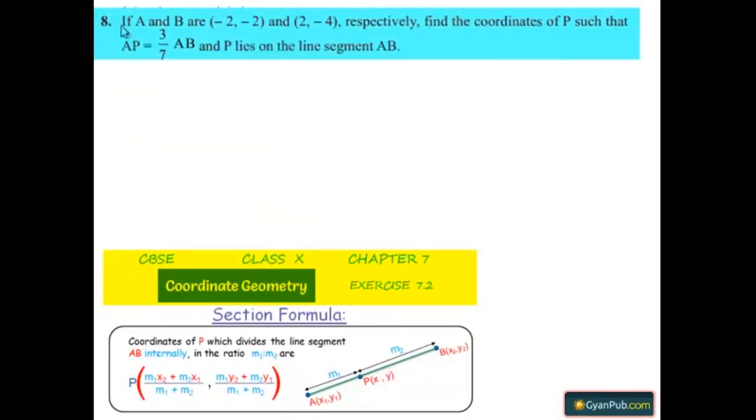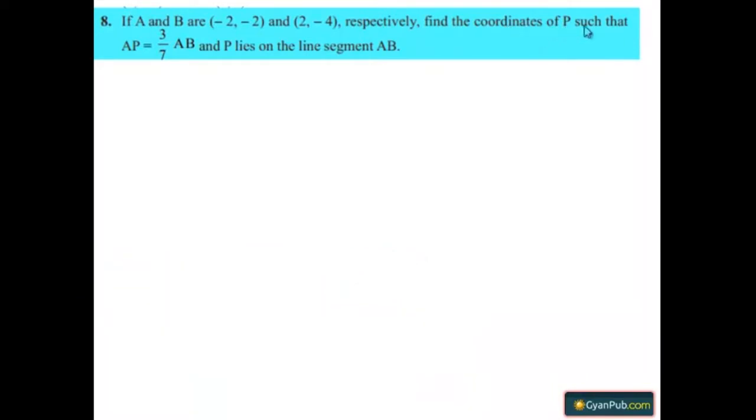Let us read the 8th question. If A and B are (minus 2, minus 2) and (2, minus 4) respectively, find the coordinates of P such that AP equals 3 by 7 AB and P lies on the line segment AB. So moving on to the solution, let the given points be A (minus 2, minus 2) and B (2, minus 4).